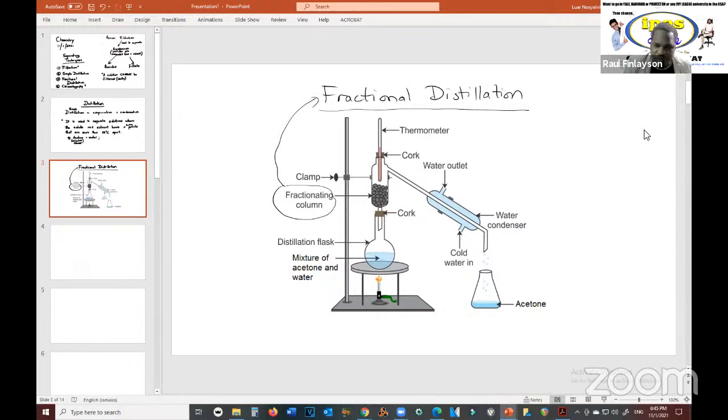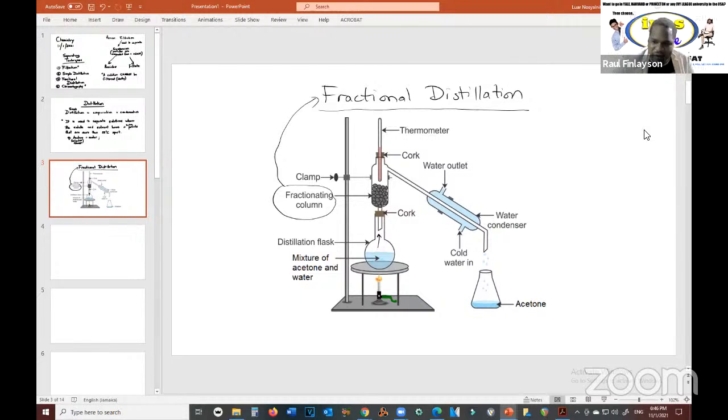All right. We use the fractionating column between the flask and the condenser. So in other words, for fractional distillation, the mixture has to evaporate through a fractionating column. And as the name suggests, fraction means to what? To divide, no? So you divide it up. Usually what happens is that when it evaporates, the lighter one evaporates first. Even if some of the water goes up through here, because it's heavier than the acetone, it's going to go back down into the flask.